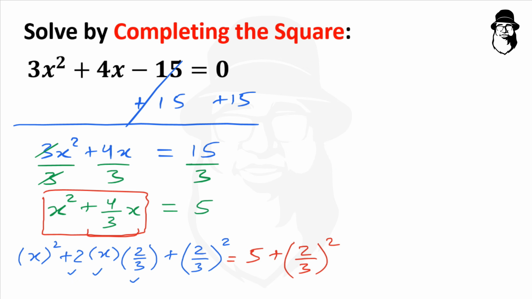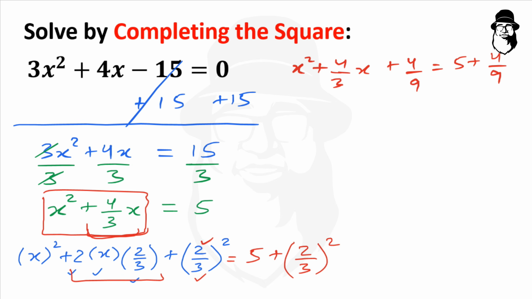Now on the left side we have x squared plus 4 over 3x plus 2 over 3 whole squared, which is 2 squared is 4 and 3 squared is 9, is equal to 5 plus 4 over 9.